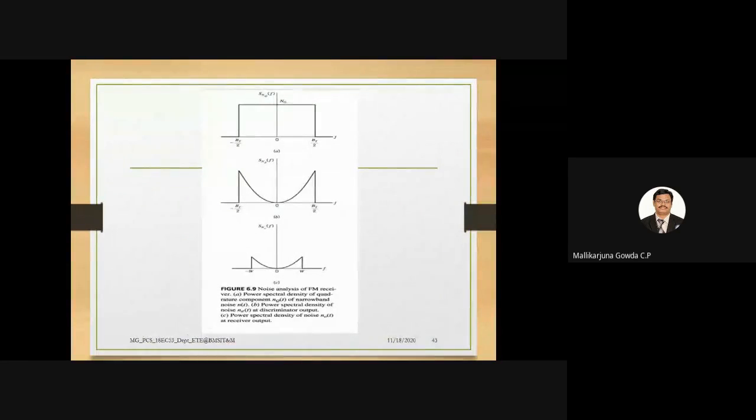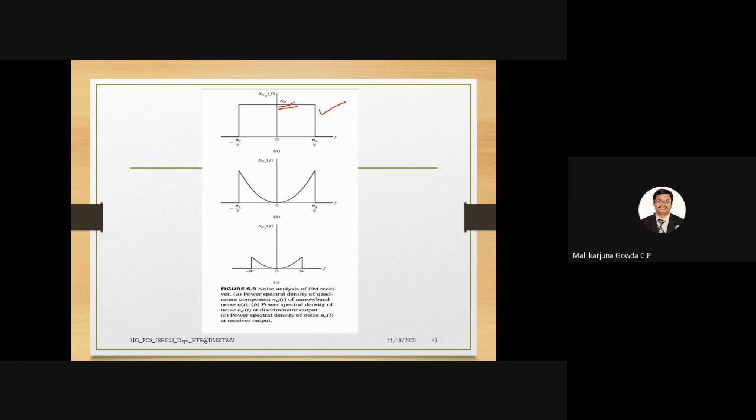Let me show the diagram of that. This is the power spectral density of the quadrature component of the narrowband noise. It exists over the interval minus B_T by 2 to B_T by 2, and this value is N_0. That is why in that expression we have written S_nq(f) as N_0. The rest of the term is written as it is.